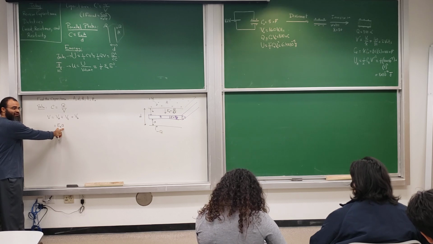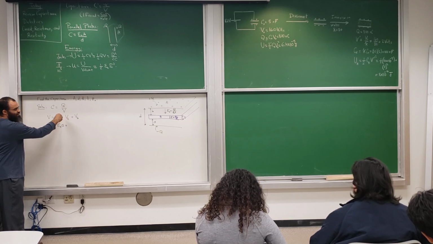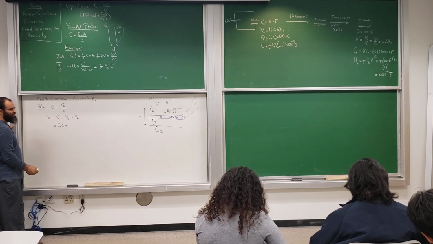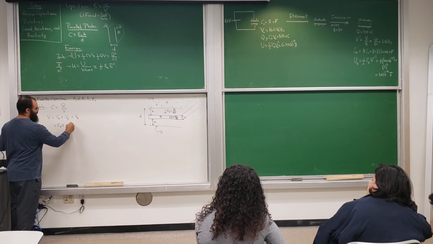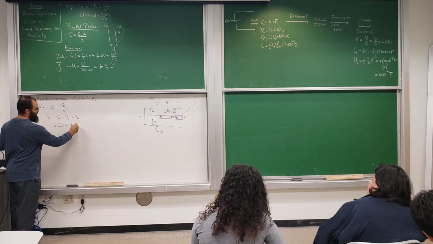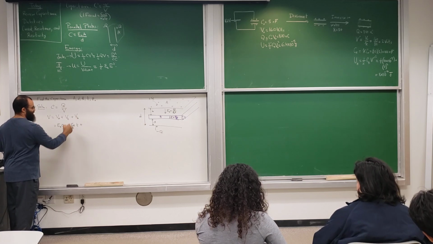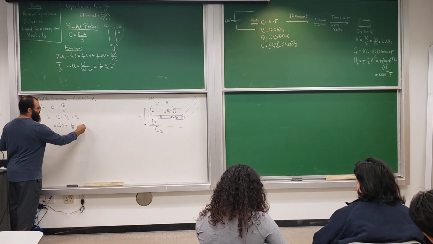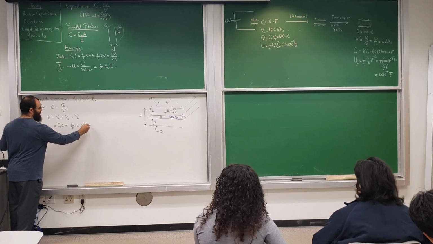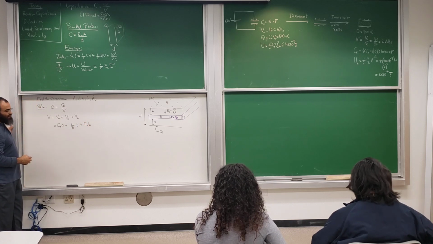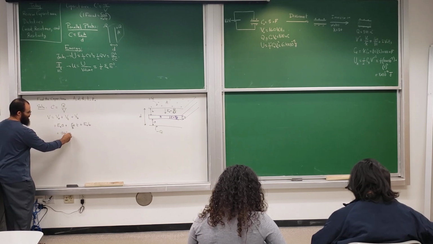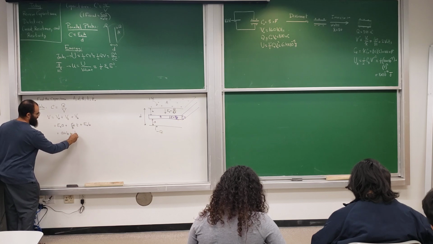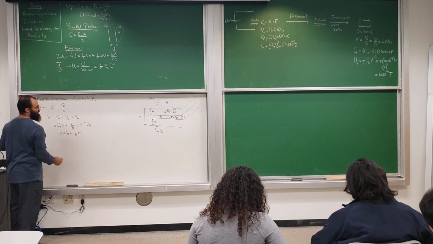But for now, it's E naught A, right? How about through the dielectric? The electric field in the dielectric, which is E naught over kappa, times T, right? How about B? E naught B. Okay, good. We factor E naught, so I have A plus B plus 1 over kappa times T, times E naught.